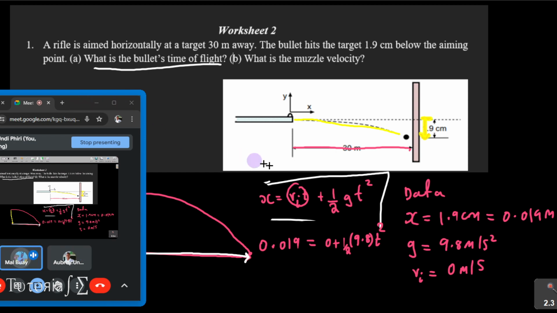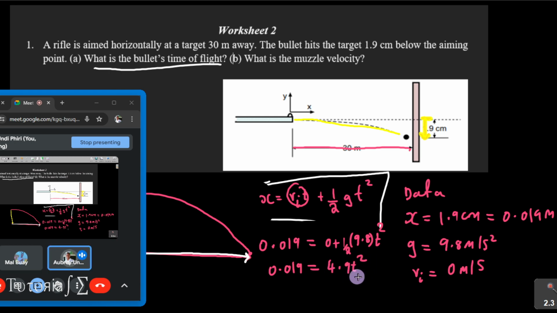We're going to multiply a half times the acceleration, which is 9.8. So 0.019 equals, what is a half times 9.8? 4.9. All right, so 4.9 t squared.